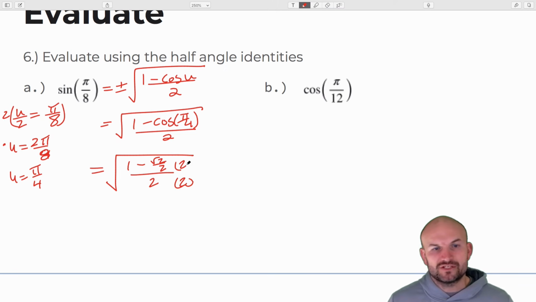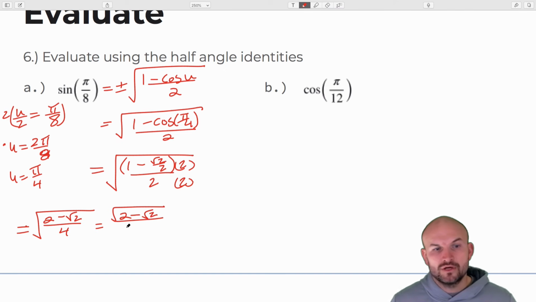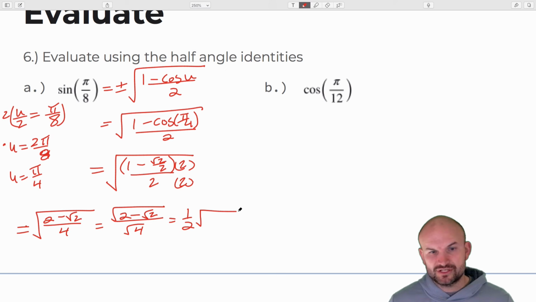We could multiply by 2 over 2. And I'll just do a little work here because I'll skip some steps later. Make sure you put parentheses here because you're going to distribute. So that's going to be 2 minus the square root of 2 over 4. Remember the rules of radicals, which is 2 minus the square root of 2 over the square root of 4. The square root of 4 is 2. So then typically we would see this answer written like this.